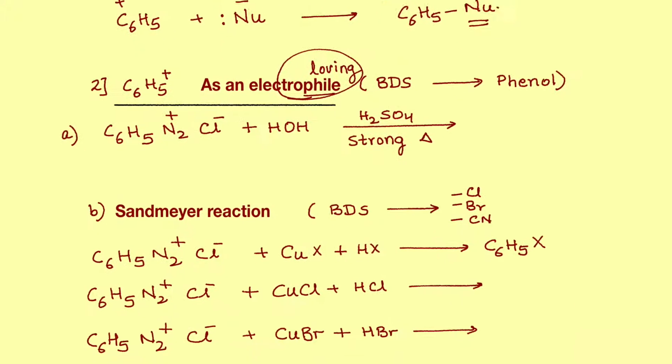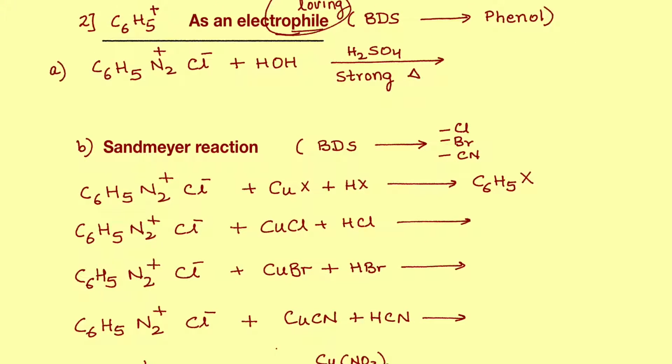So let's take up the first reaction here. Can you form the products? I've written the reaction. C6H5N2 positive, Cl negative, H positive, OH negative. Replace C6H5. So what is the nucleus loving species over here? Yes, of course, OH.